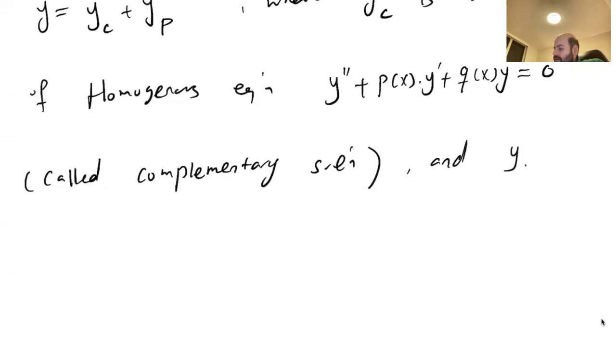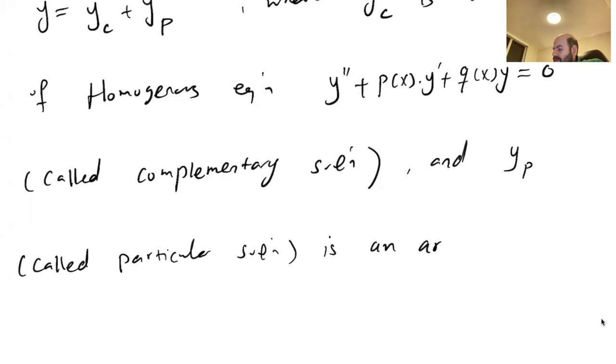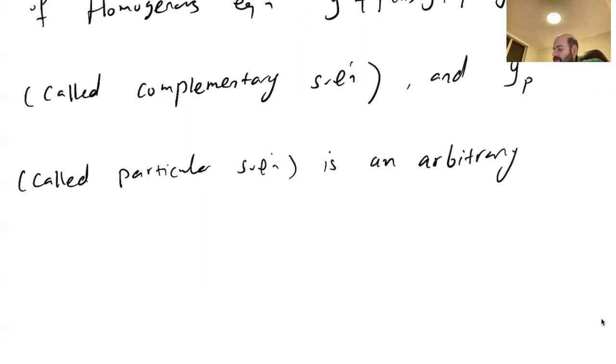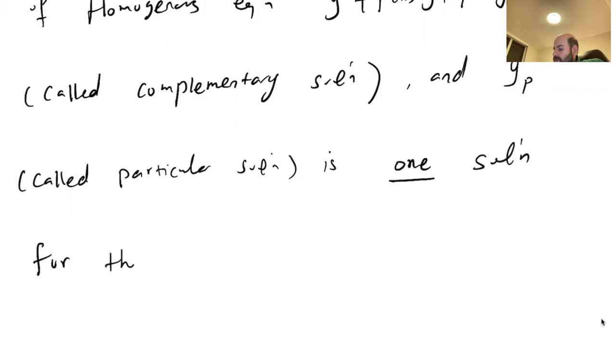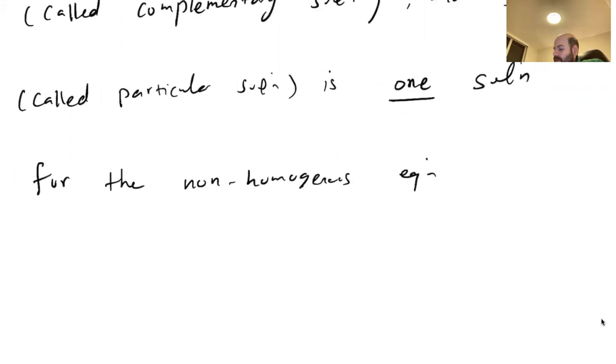And yp, called the particular solution, is an arbitrary, or let me say, one solution for the non-homogeneous equation y double prime plus p of x times y prime plus q of x times y equals f of x.